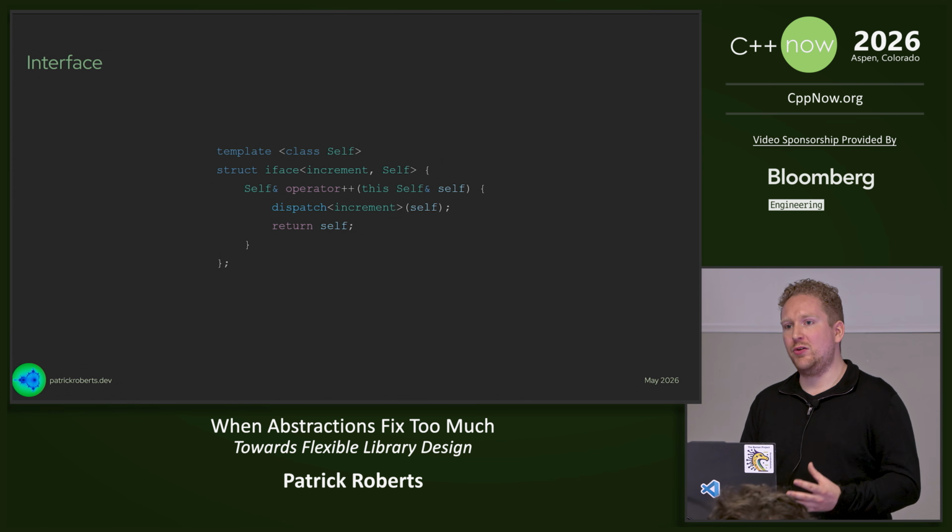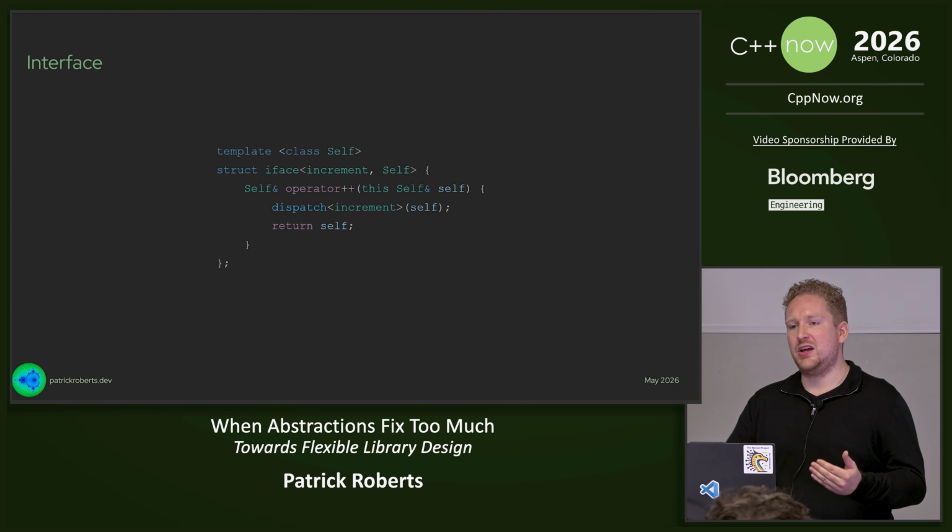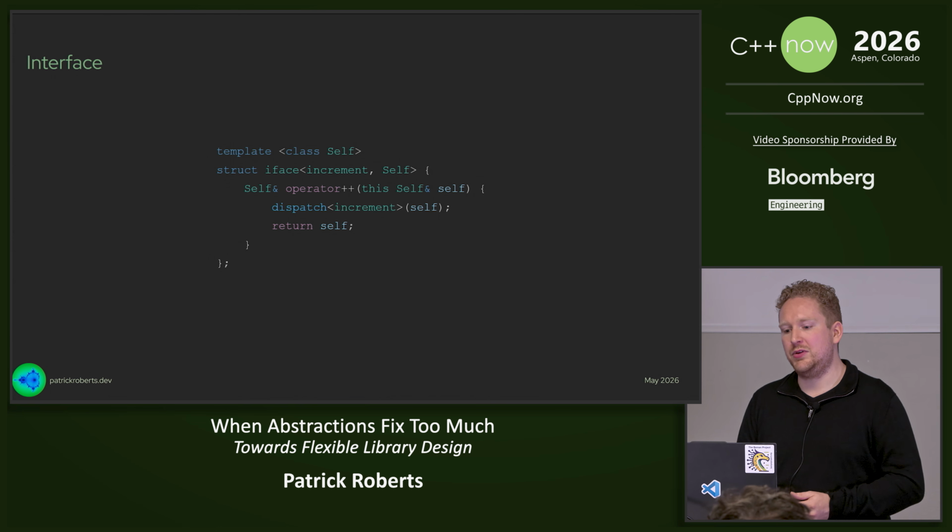But if you want to compose at compile time instead of with runtime type erasure, let's say you have an annotated reference wrapper type, and you want your reference wrapper to have all of the same syntax as the type that it references. You could attach a list of capabilities to that tagged reference wrapper, have it inherit from iFace, and then statically dispatch all of those capabilities to the underlying type through this mechanism.